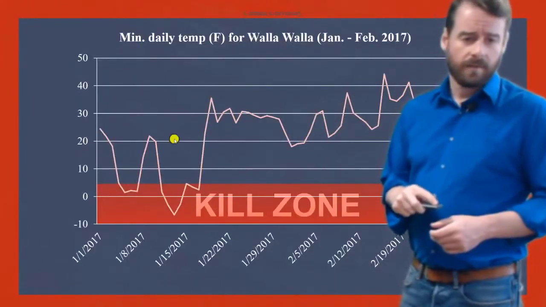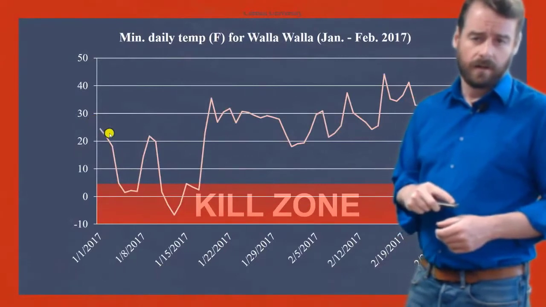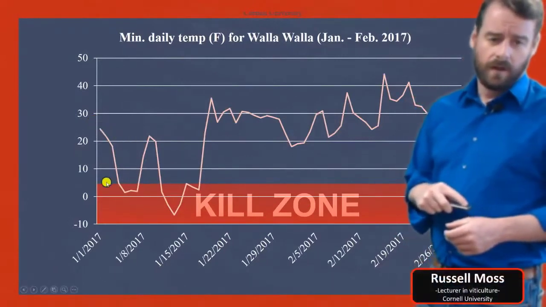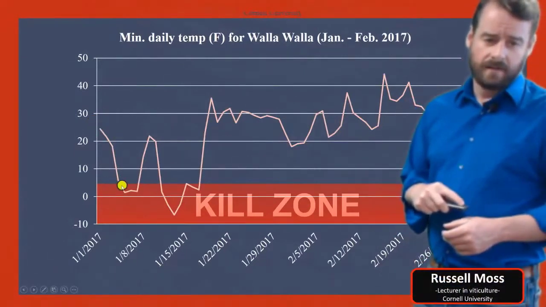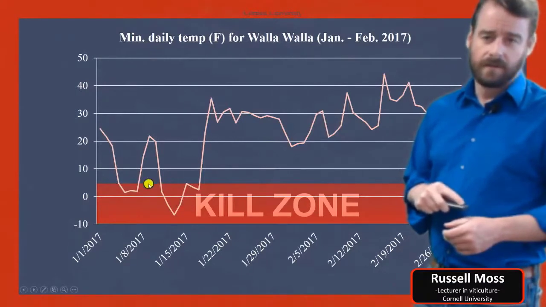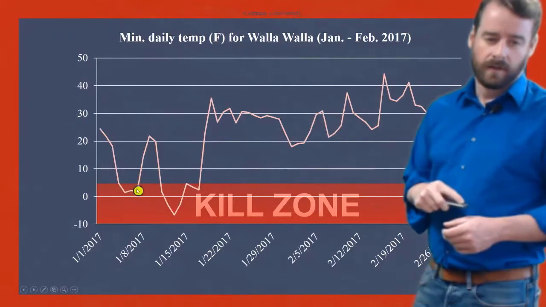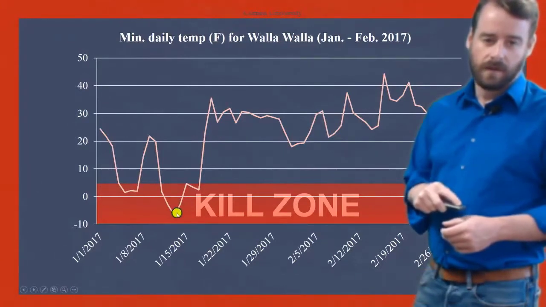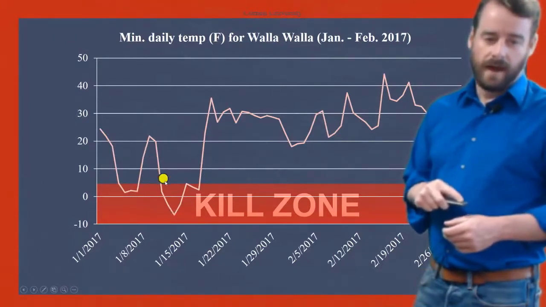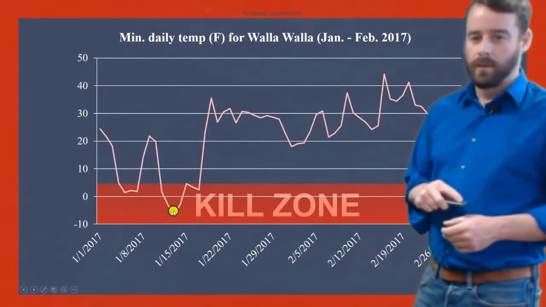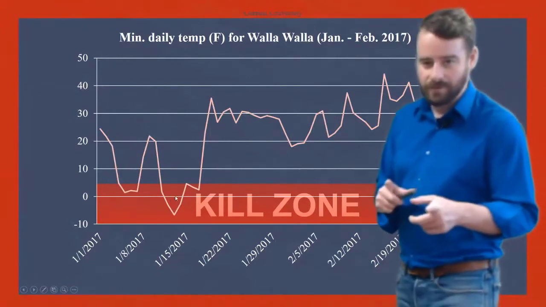And that's what this is showing here, is a bit of winter kill. So when temperatures got down to here, this is when we started getting into the LTE 50s range. I think LTE 50 was like here. This was like LTE 10. This was 50. So yeah, this was a kill event that happened in the middle of January in Walla Walla, Washington. The town's so nice, they named it twice.